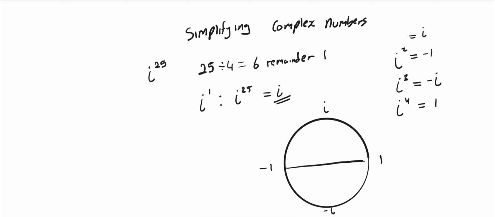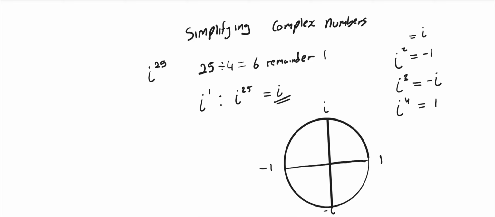So on this, okay, my lines are not straight, but on this circle, we only have 4 quadrants. So we only have 4 here. We have 1, i, minus 1, and minus i. So whichever numbers we get, it would either be one of these 4.